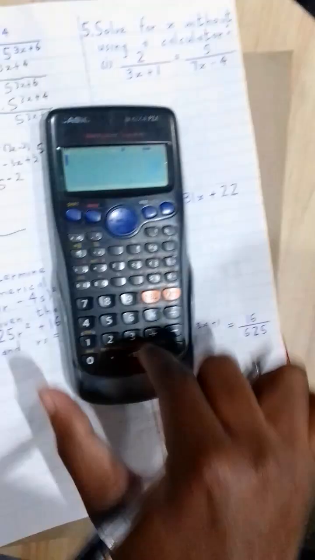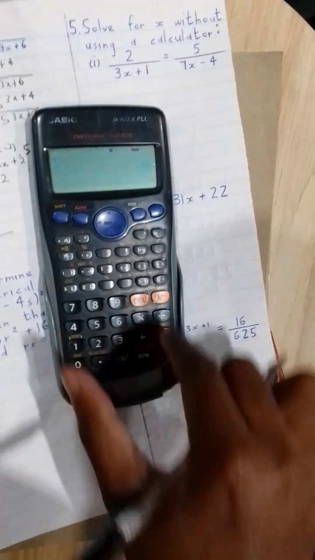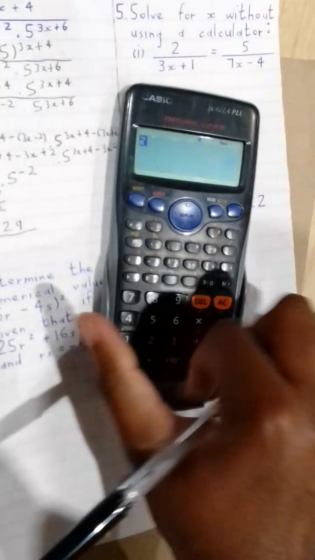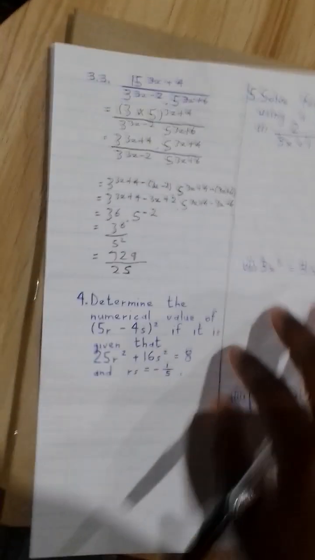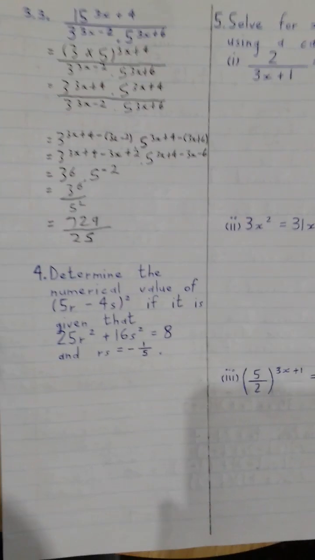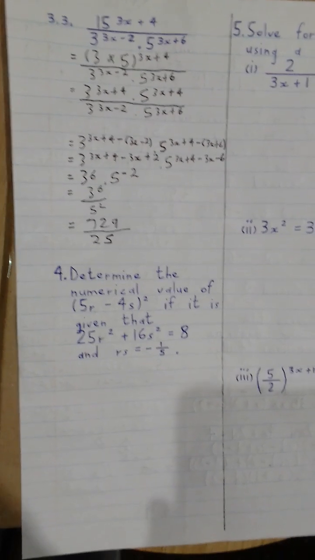So it is 3 to the power of 6, 729, over 5 to the power of 2, 25. Okay, I hope that wasn't too much for you, but if you practice, you'll be able to get them.